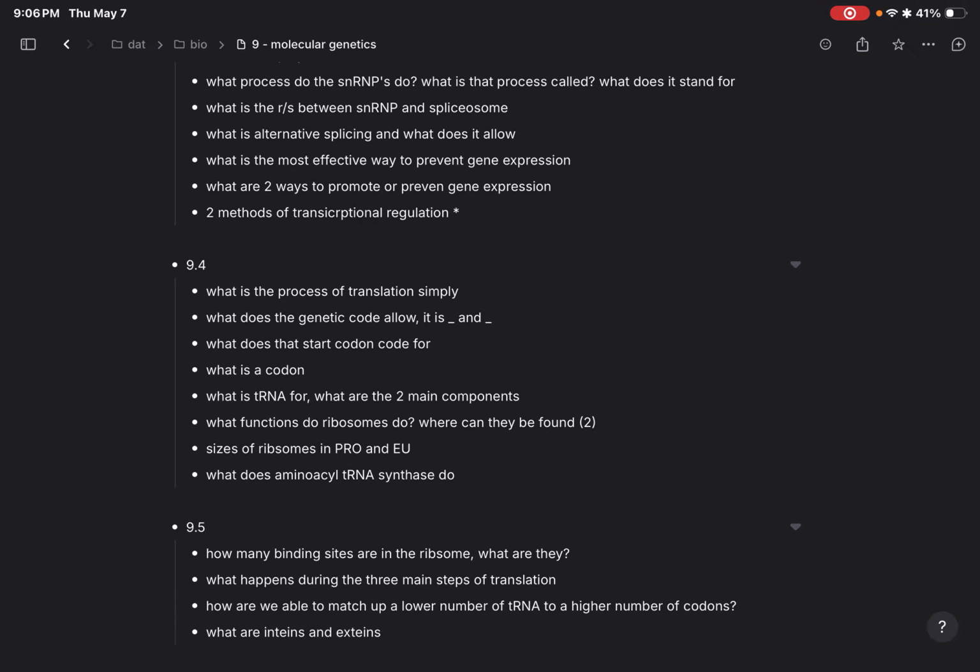What is the process of translation simply? So translation is basically just going from mRNA to proteins, protein synthesis, if you will. What does the genetic code allow? What am I asking? What are we talking about?